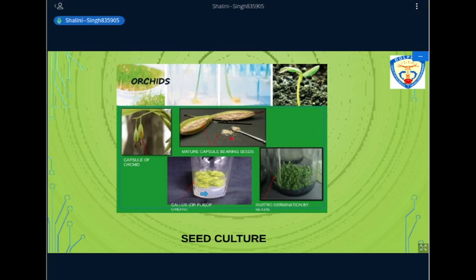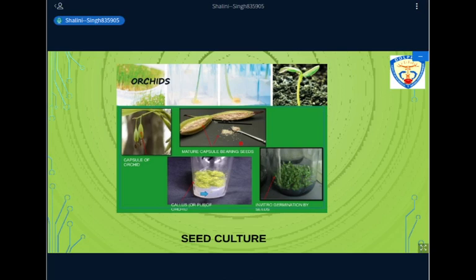So what does the orchid seed do for its survival in nature? In nature, this orchid seed germinates in symbiotic association with a fungus. If that particular fungus is not present in the environment during seed germination, then what will happen?